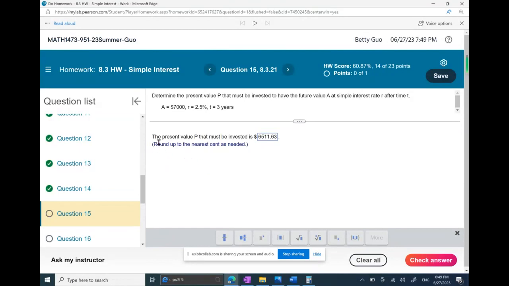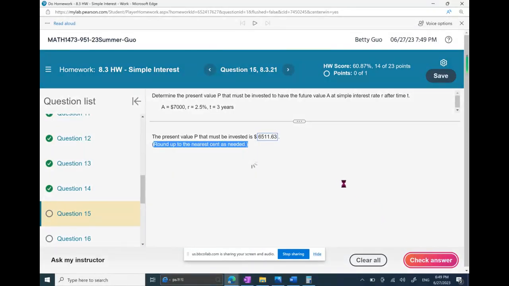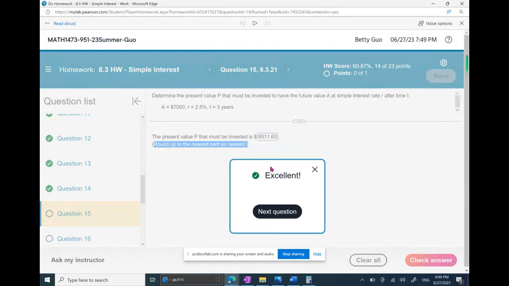So for that reason, we always round it up. But to make it simple, just follow the instruction. So in order to reach that 7,000 future value, today you have to deposit or borrow that kind of money. Let me know if that is clear, guys.